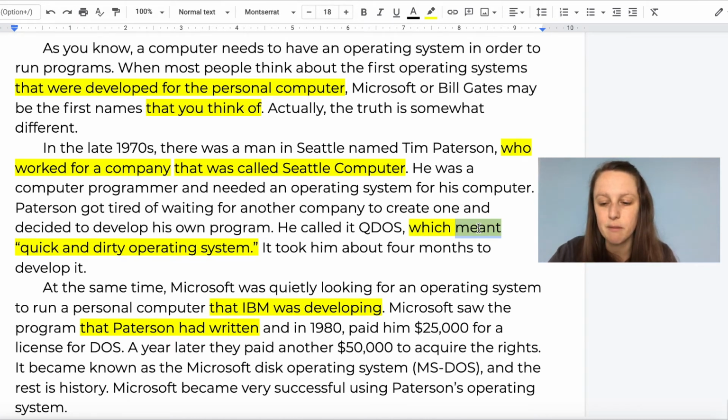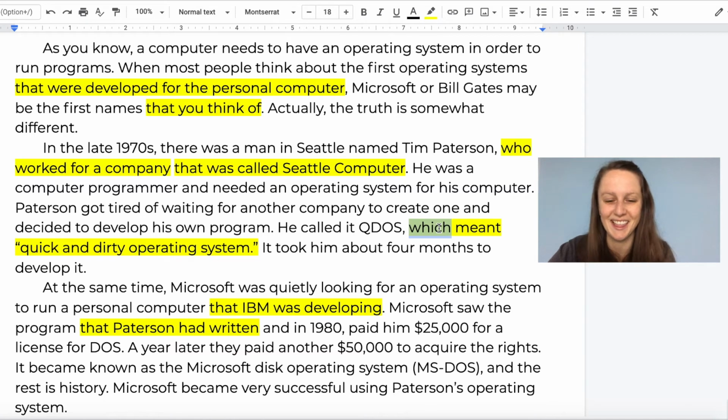We don't see an obvious subject, so we know that which is the subject of the clause. We can also imagine replacing the relative pronoun with this noun, and it says QDOS meant quick and dirty operating system, and QDOS is the subject of that independent sentence.